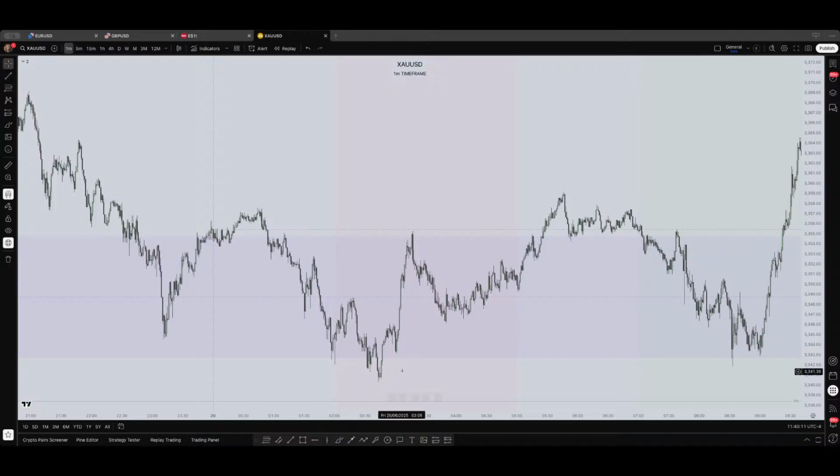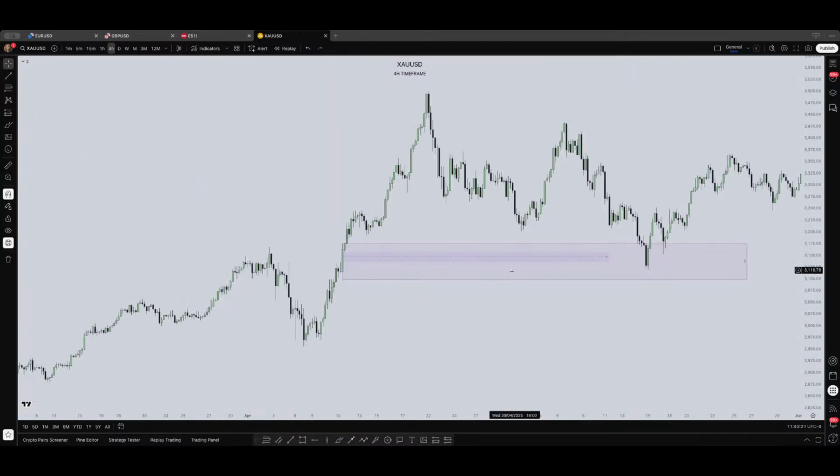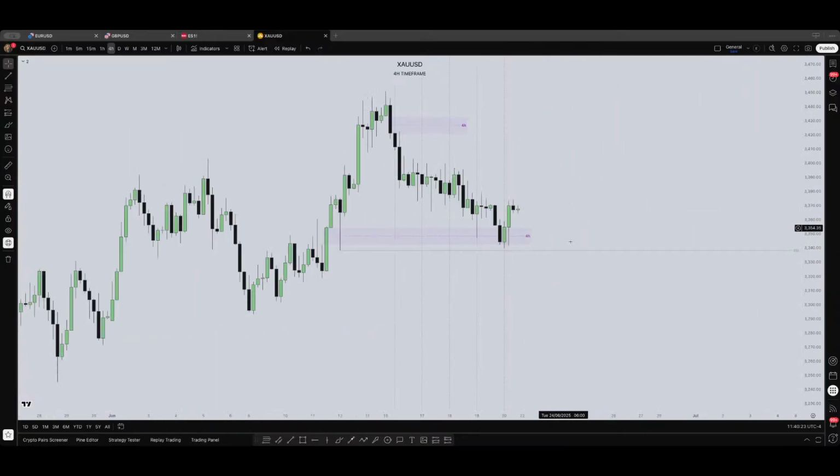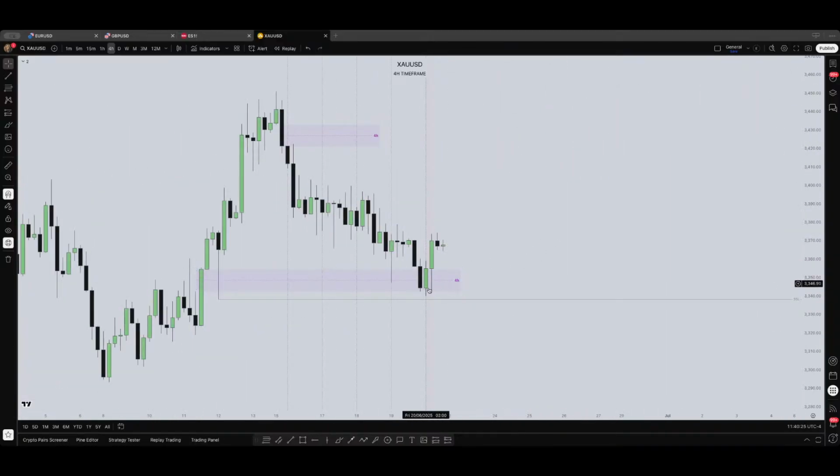Okay, remember this purple area. It's a 4-hour fair value gap. Okay, and price already rebalanced the area, so keep that in mind.